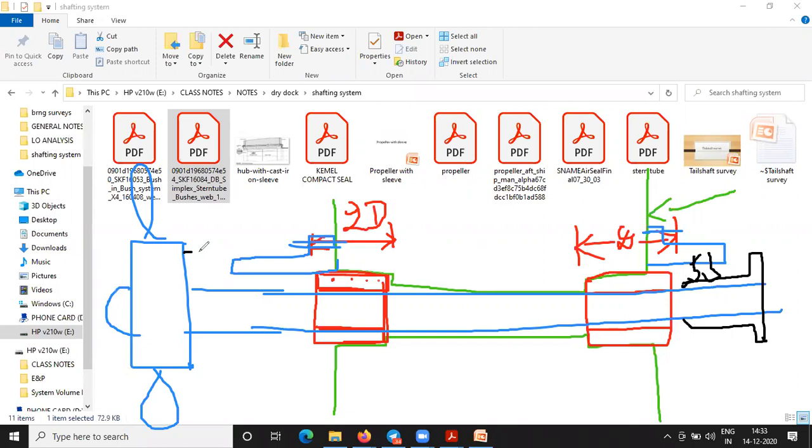Okay, the chrome liner is getting bolted onto the propeller boss. Seals come here.